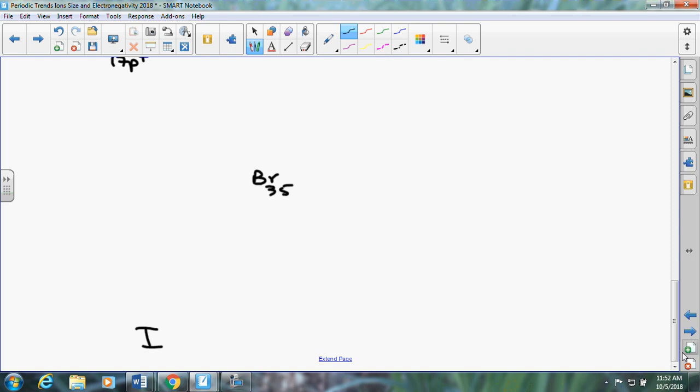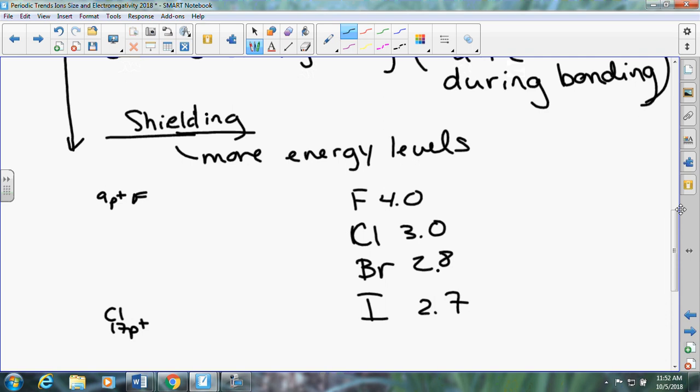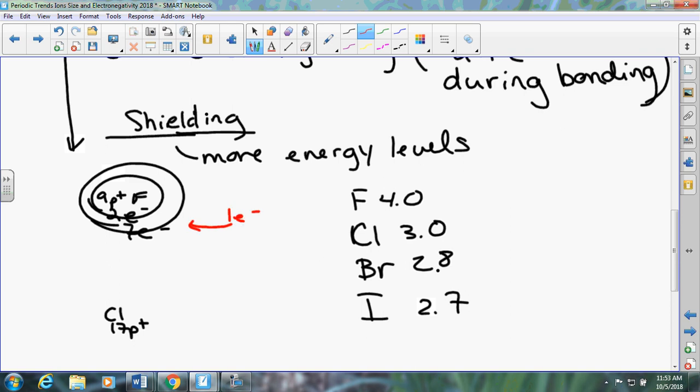The rings get old, but for some kids it's a good visual. First energy level, 2. Second energy level, 7. Really wants to gain the 1 to achieve the octet. Really pulls for that. The high nuclear charge, the low amount of shielding, makes it very high, 4.0 electronegativity.